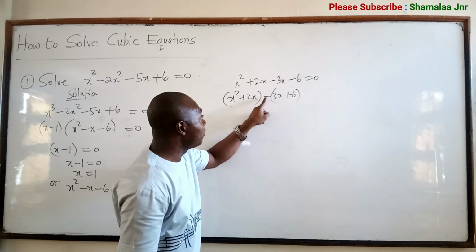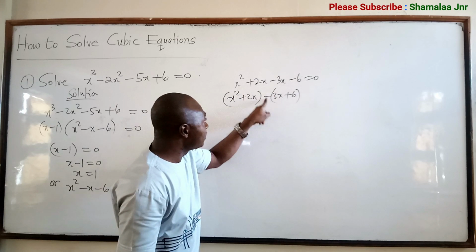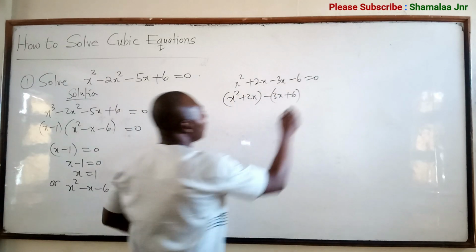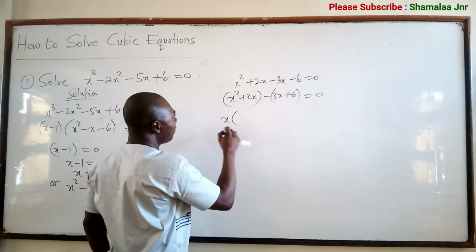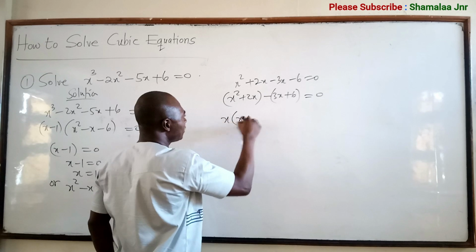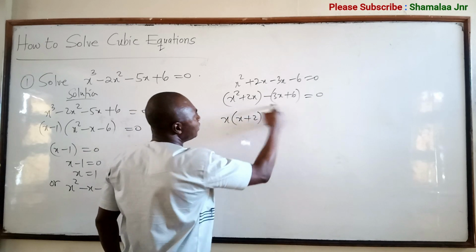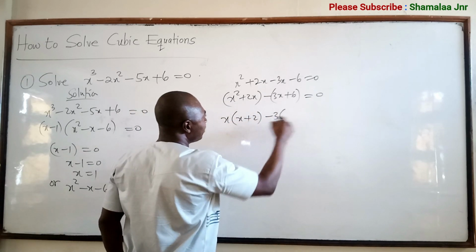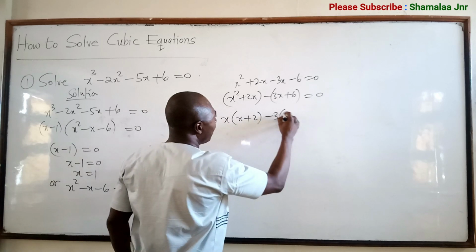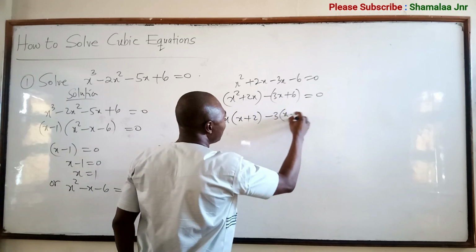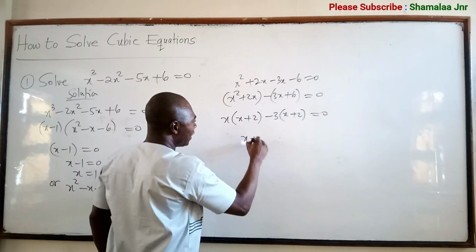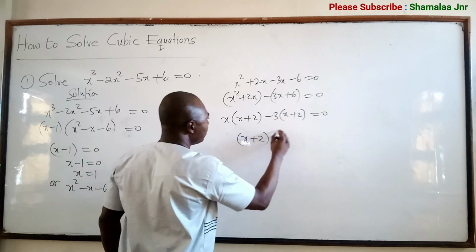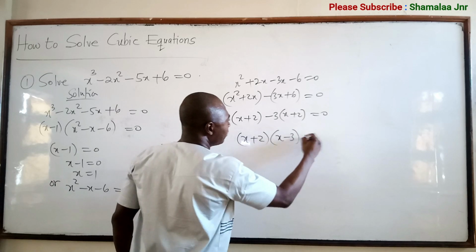So if you expand, this one will be negative 3x negative 6 is equal to 0. So here the common factor is x to come out, x goes into this, x goes into this 2. Here the common factor is negative 3. It goes here, x, it goes into this one plus 2. It's equal to 0. This is a common factor, x plus 2, and then x minus 3 equal to 0.